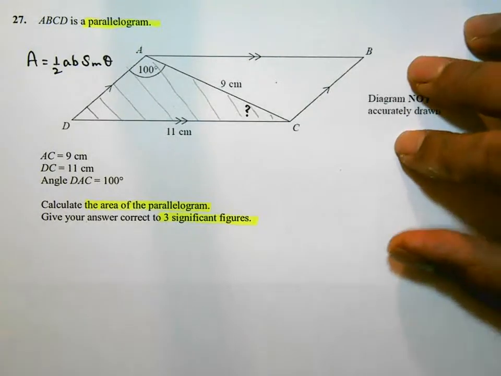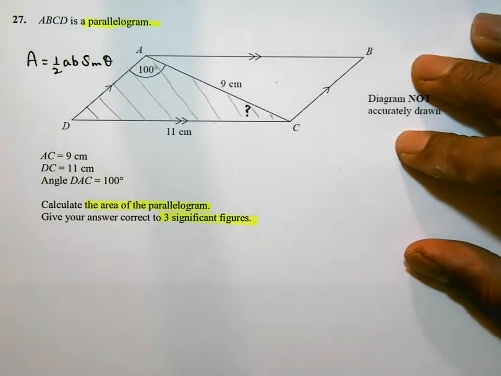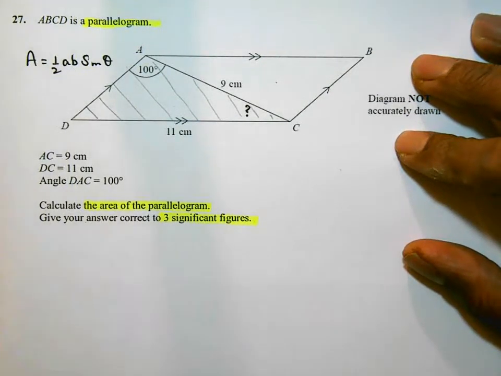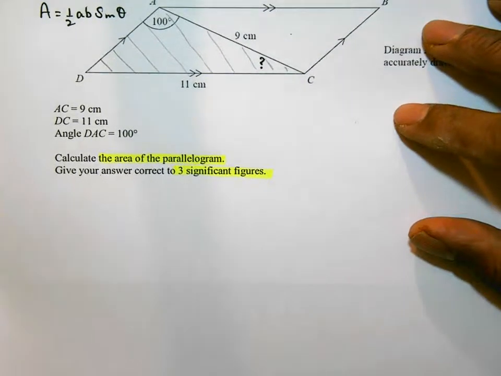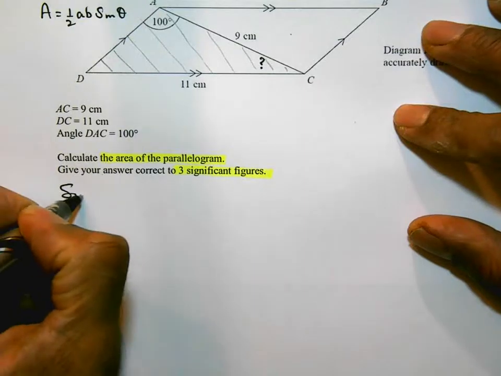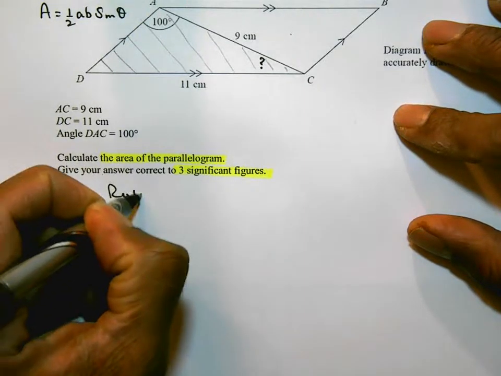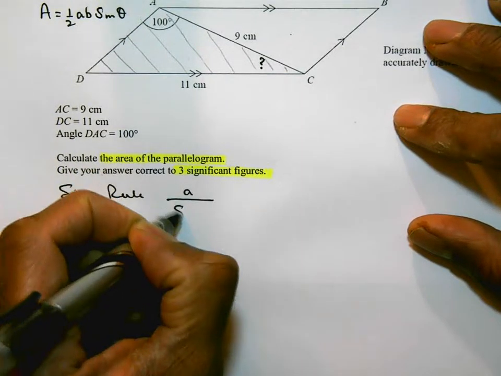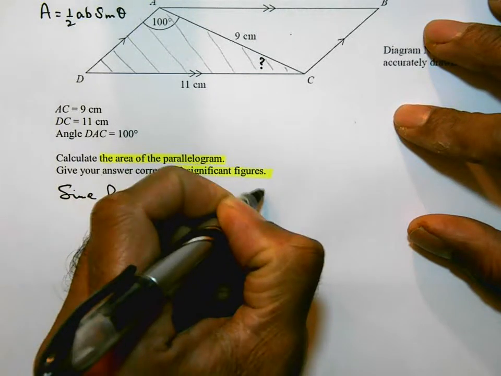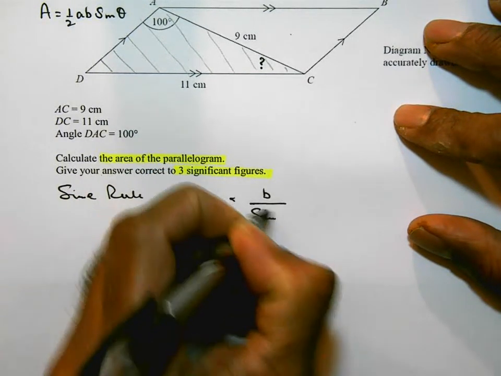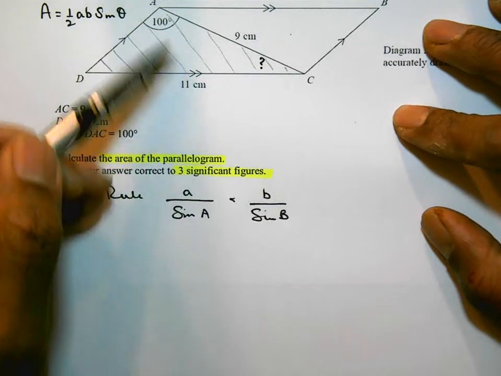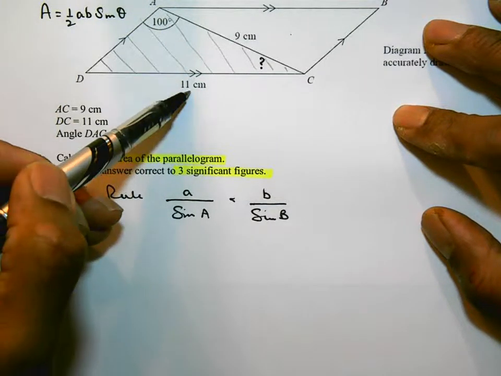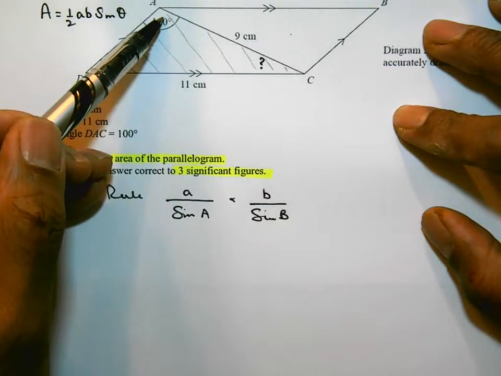So I'm going to use the sine rule to work out a missing angle. Now, the sine rule is A over sine of angle A and B over sine of angle B. If I think about what I know, this pairing here: I know 11, and the angle opposite it is 100.